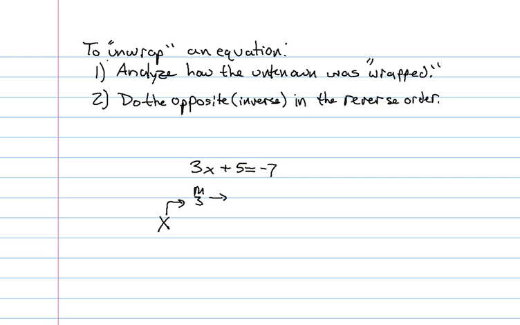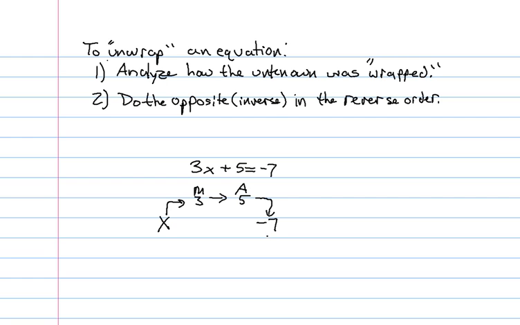After I was finished multiplying it by 3, the next thing I would do is add 5. And when I was all said and done, this would look like a negative 7. So here's the gift, here's the pink socks hidden in the box, and here's what the wrapped box looks like.